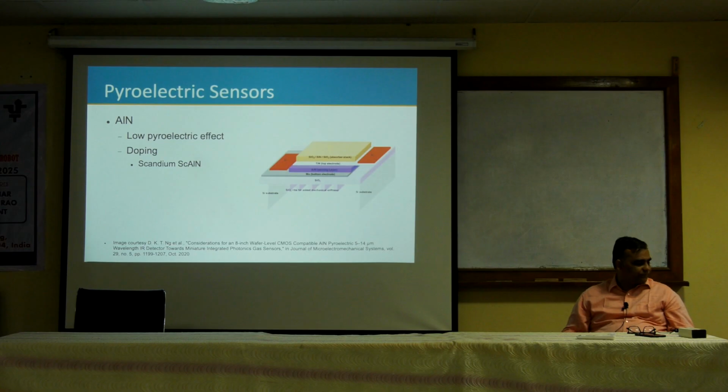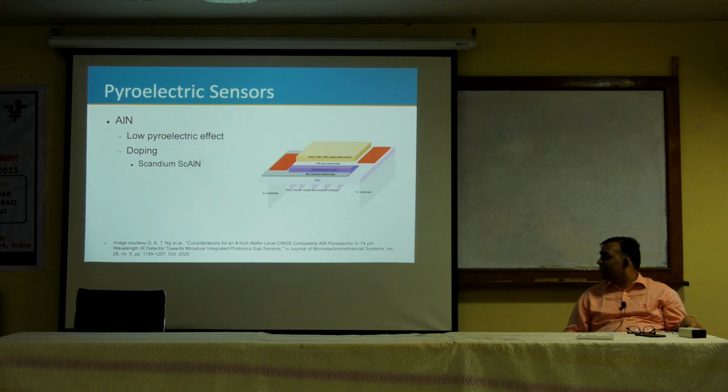Now, people have tried making pyroelectric sensors from aluminum nitride, because again aluminum was available in the silicon process, but it has not been a good success because aluminum nitride itself has a very low pyroelectric effect.